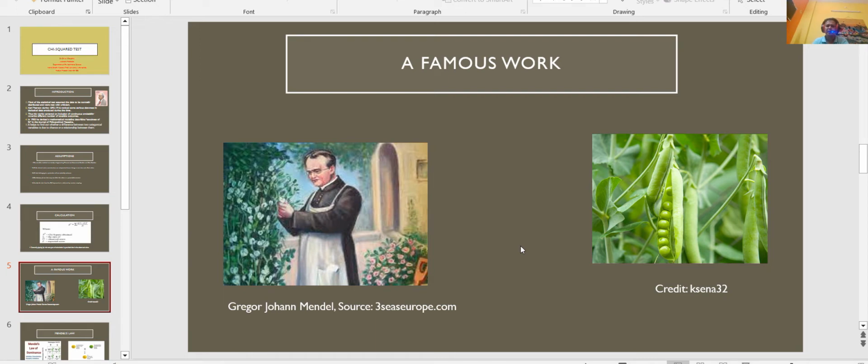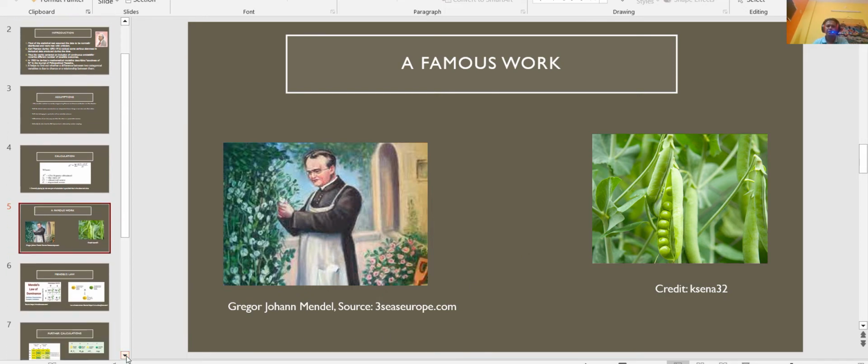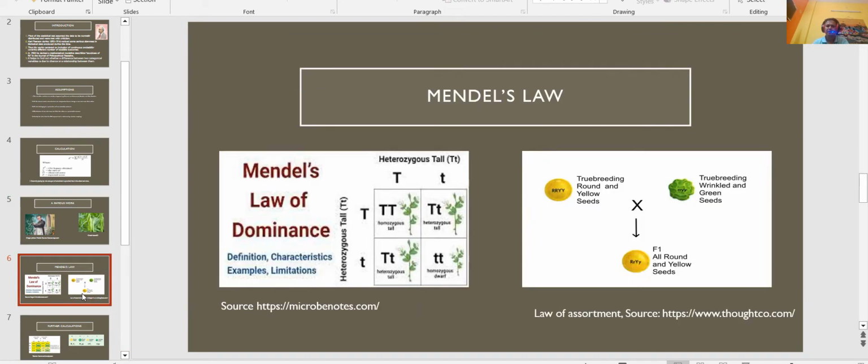Now, on to a famous example by one of the fathers of genetics, Gregor Johann Mendel. He worked on pea plants, and he carefully noted down his observations of the pea plant growth and their traits in his diary. Based on that, he could produce the laws of genetics. I've stated two laws here.